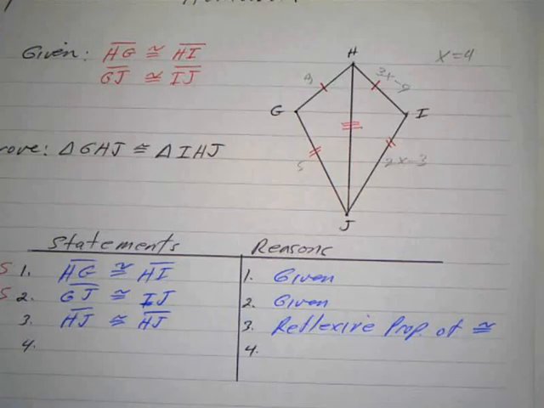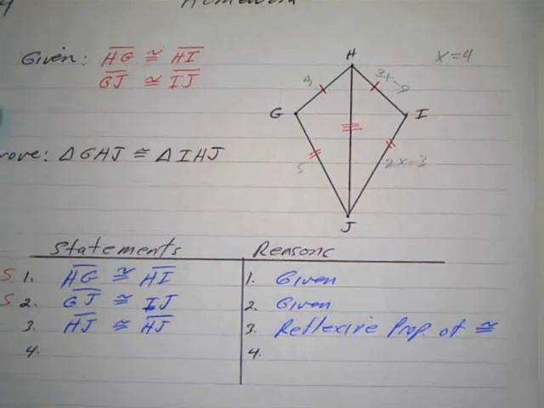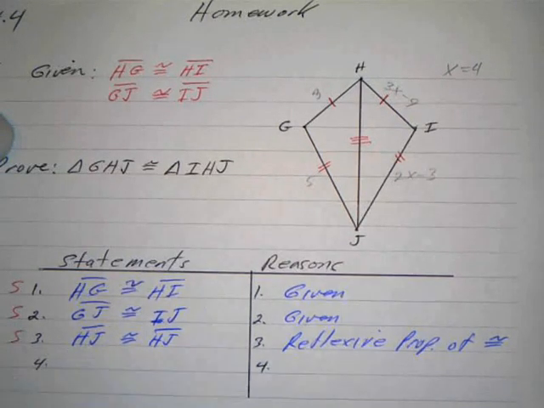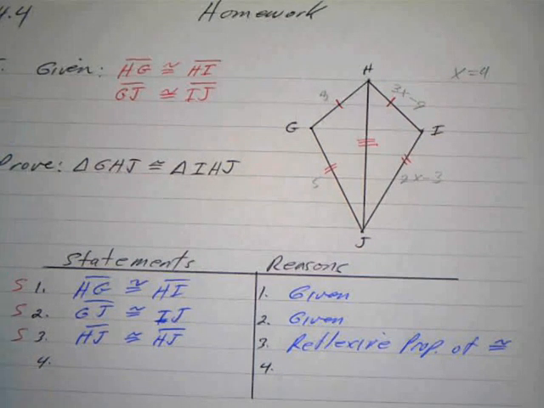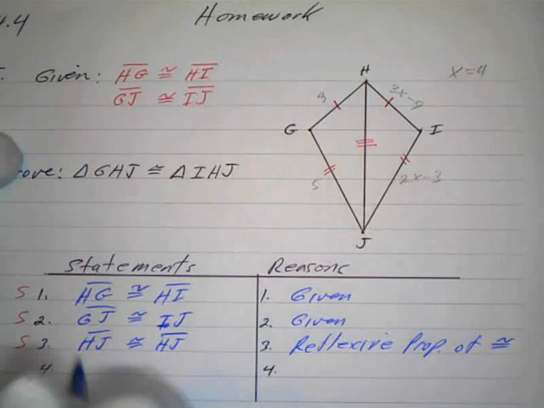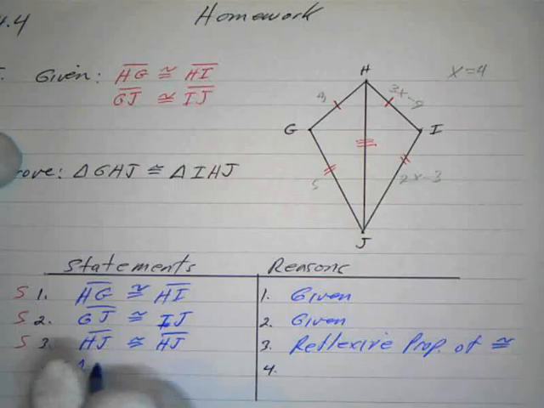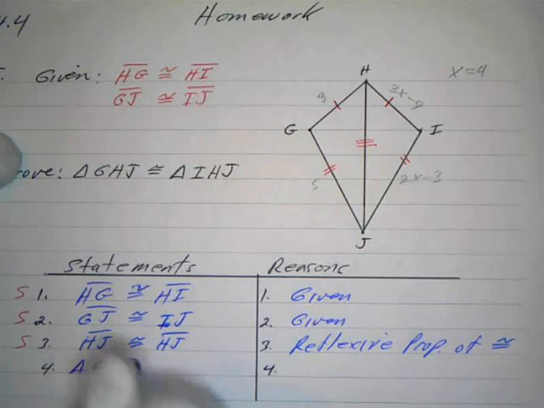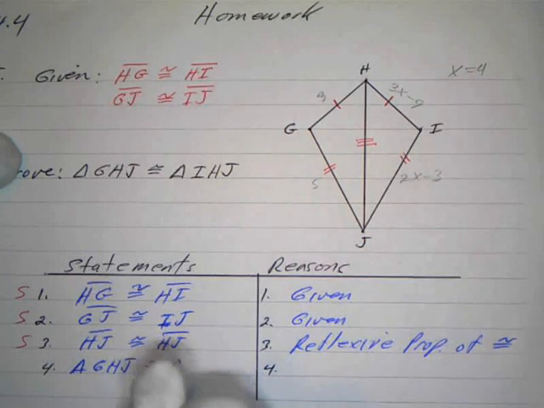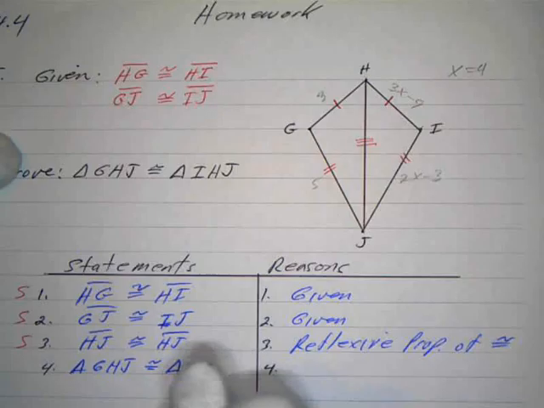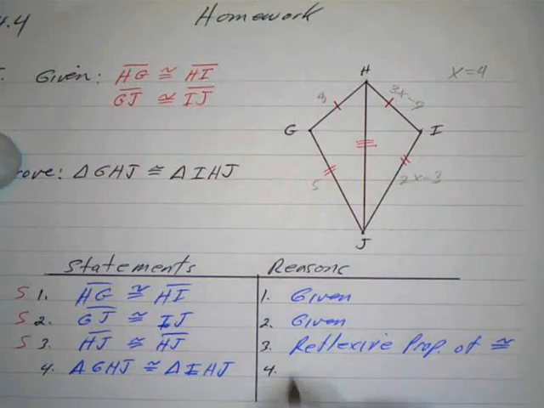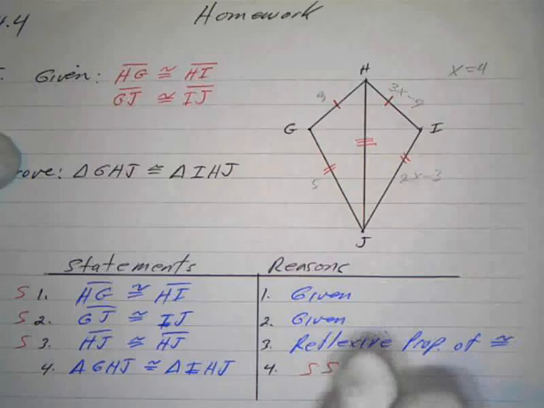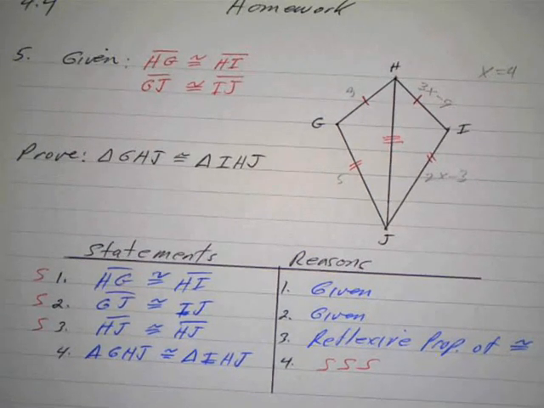Okay? And then if I look over there and I see that that's another side, I've got side, side, side. Okay? So now I've got my triangles congruent. What I want to try to prove, triangle GHJ is congruent to triangle IHJ, and the reason is side, side, side. Okay, not too hard.